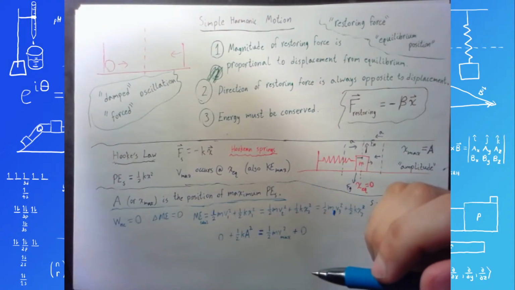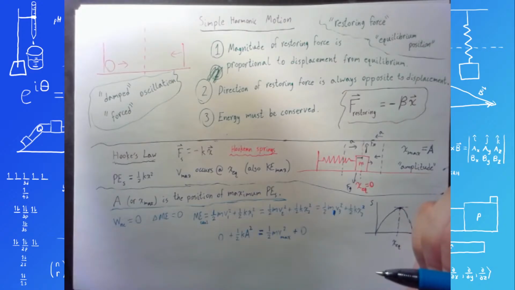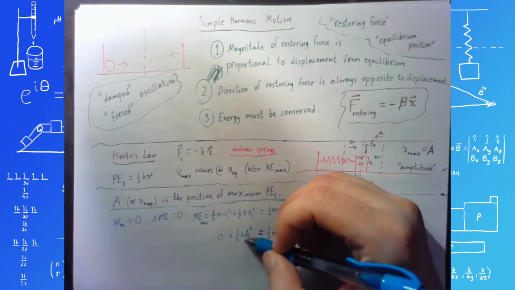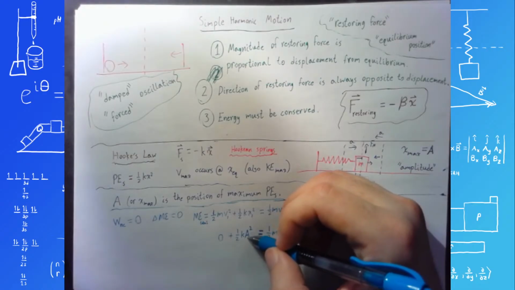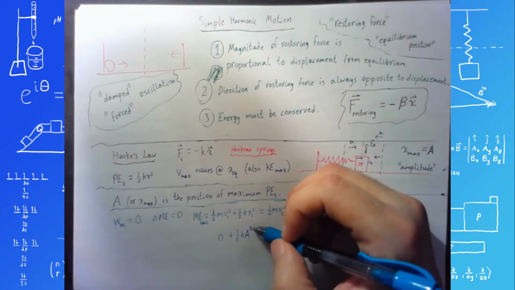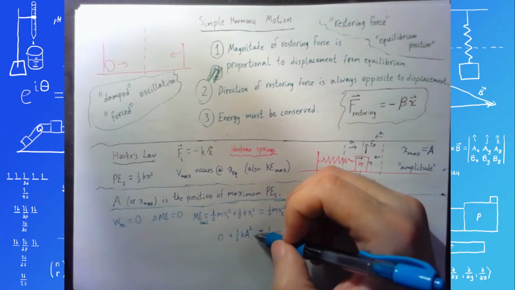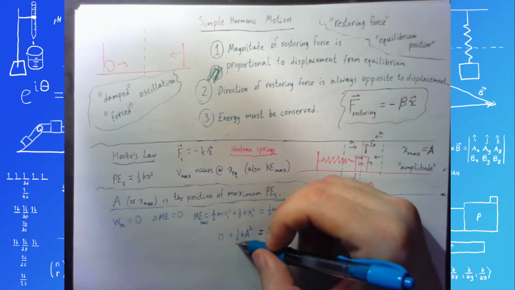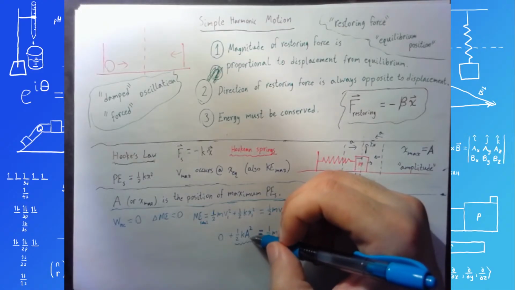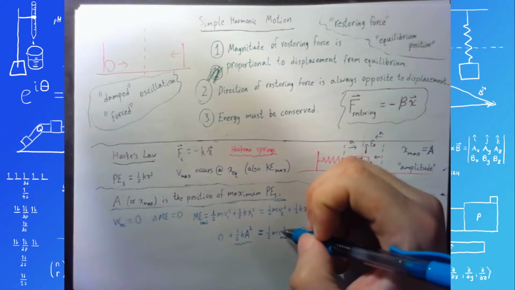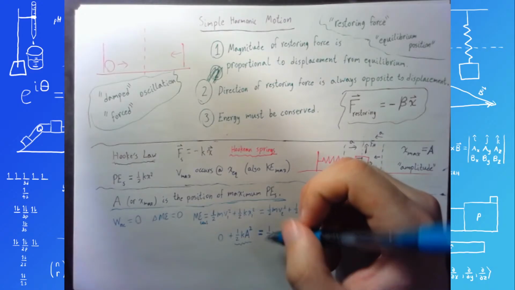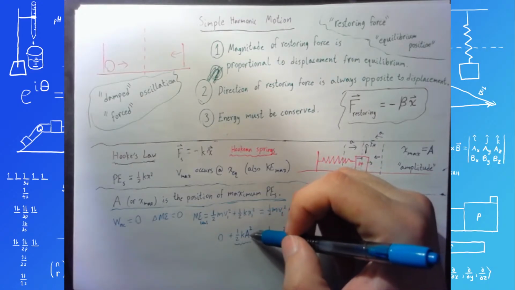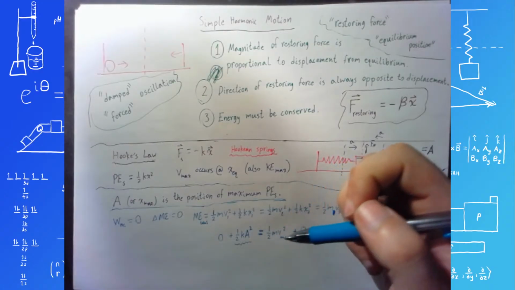You'll have problems where you might be given information about position and displacement, and you're trying to get something in terms of the maximum speed, and you're just kind of tearing your hair out trying to figure out what to do. And usually what you're getting stuck on is you're forgetting that you can just convert: 1/2 Ka squared is equal to 1/2 mv max squared. So you can write the potential energy in terms of kinetic energy, or vice versa, as needed.